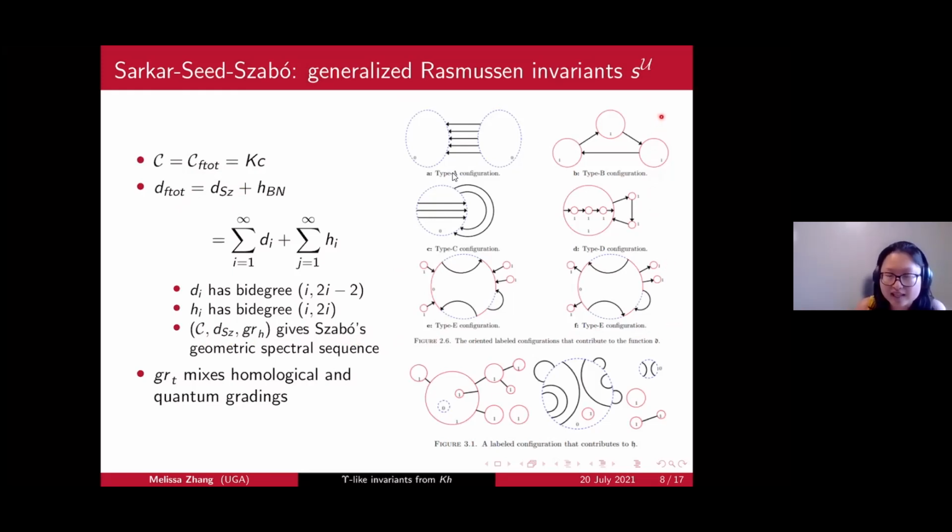What you're seeing is that there are differentials for every homological degree. Say I see a picture of this thing and I see a bunch of crossings between two circles, and if there are n of them, then I'm going to have a length n part of my differential. So this is why the homological grading is a filtration for Szabó's geometric spectral sequence.